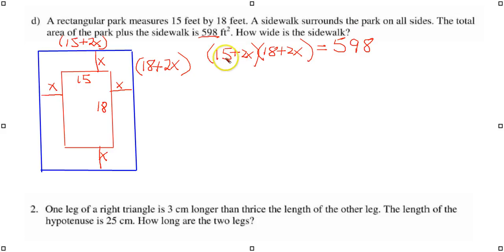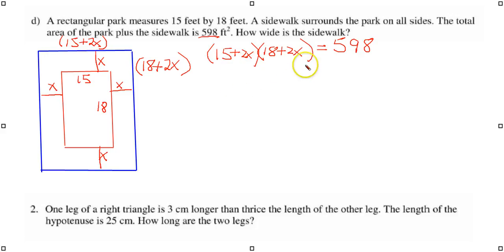So the protocol to solve it, we're going to have to FOIL this. Once we do, we get a trinomial. We move this over by transposition into our trinomial, set it equal to 0, and then we factor.